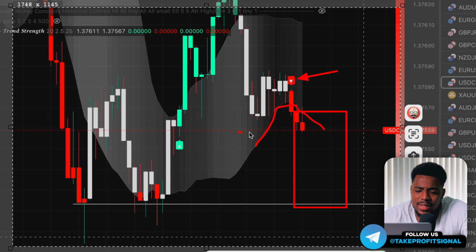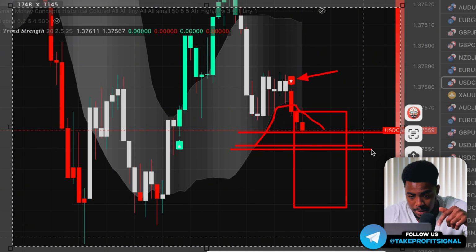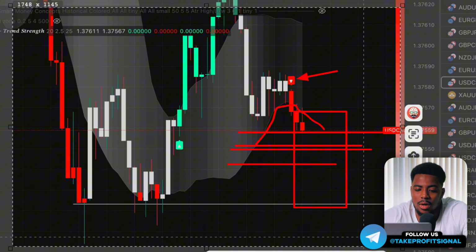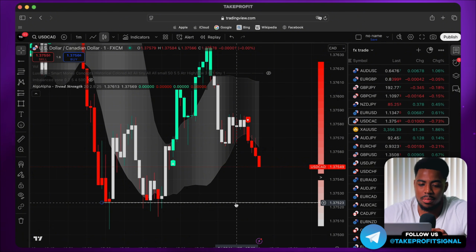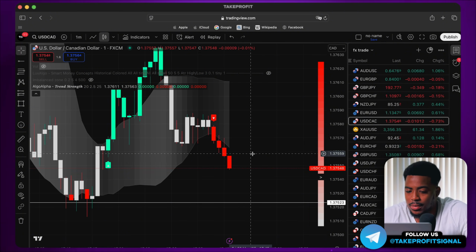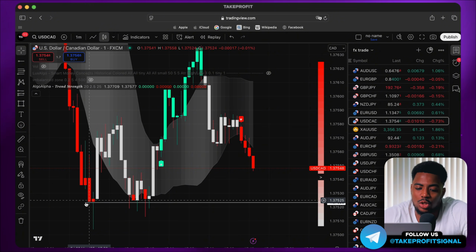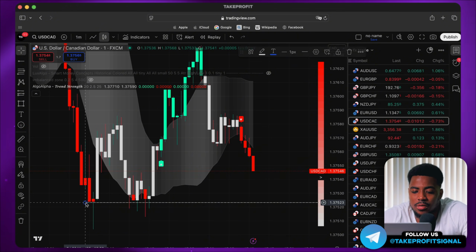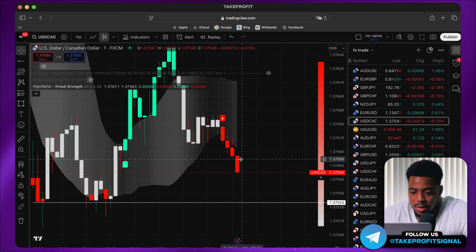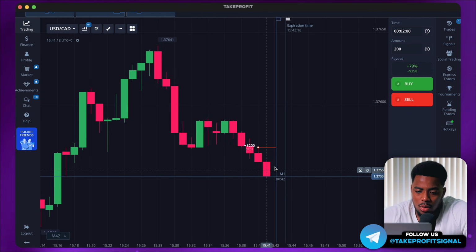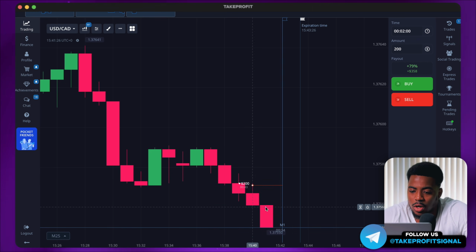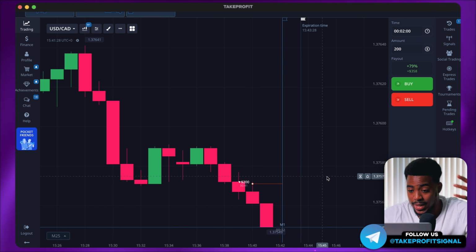The most important thing is that we did not have any horizontal levels preventing our downward movement, because the chart would push upwards from those levels. We don't need that. We need the bottom to be a strong level to which the price will strive, and we have such a level at a sufficiently large distance. So look how perfectly the chart is now moving downwards, and our trade in 40 seconds will be profitable.